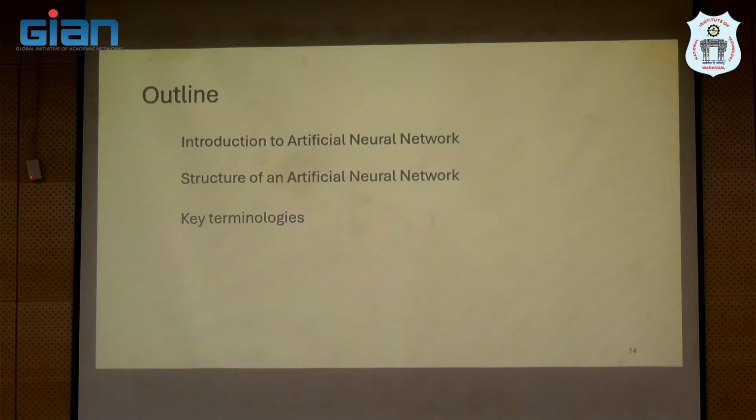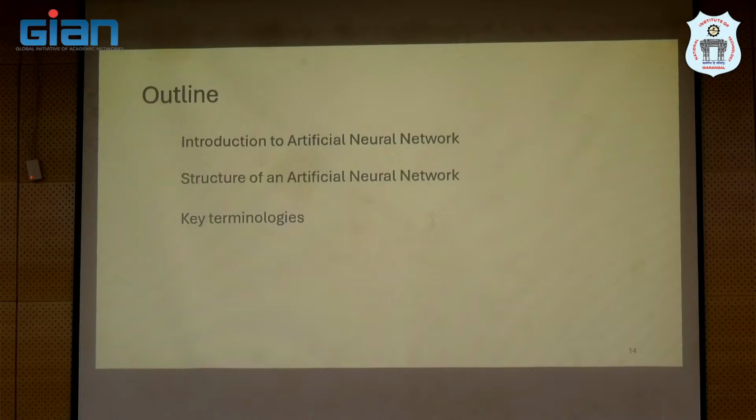This is important because in most application oriented research like what we are doing, ANN is a tool that we will be using, and we need to understand what these terminologies mean and how we can utilize them for our research.